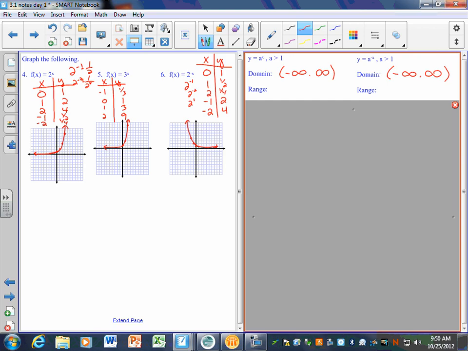What am I never going to get for the y values? Negative, and what else am I never going to get? 0. So you can write this a couple ways. Interval notation, I'm going to say I'm going to start at 0, but not include 0, and go to infinity, which is the same thing for this one.